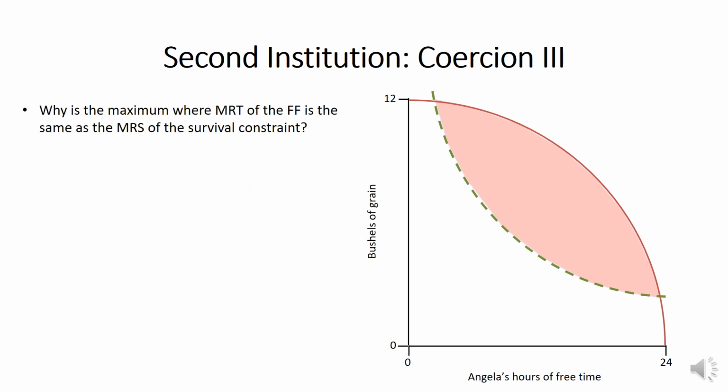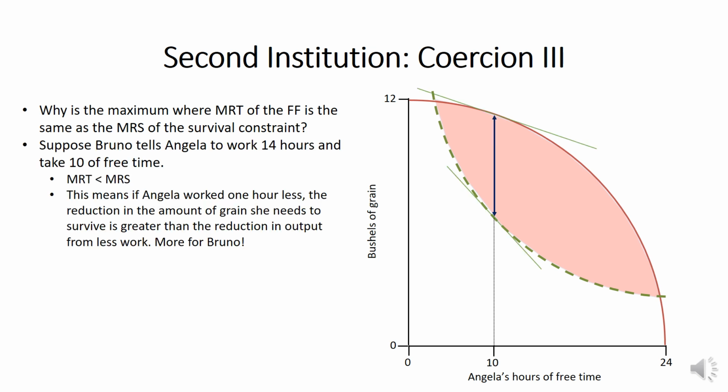And so let's just look at a couple of different possibilities for Angela's work time and see why they tell us that the MRS of the survival constraint should equal the MRT of the feasible frontier when the amount of surplus that can be extracted by Bruno is at a maximum.